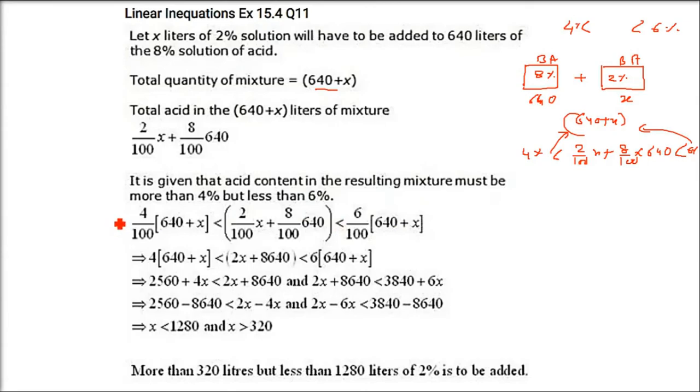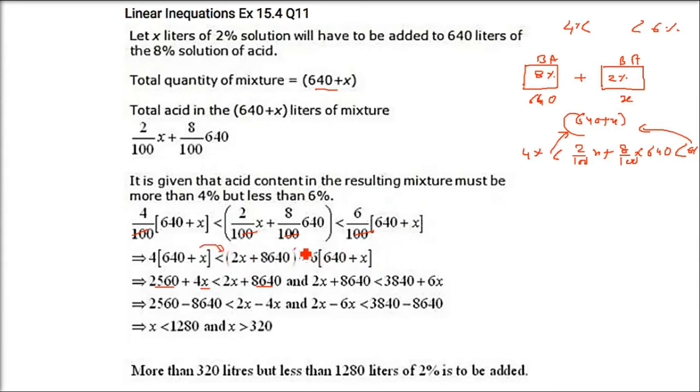So let us multiply everything on both sides by 100. All the 100s will be eliminated, and then you will get 4 into 640 is 2560, plus 4x, then 2x plus 8 into 640, and then you have 6 into 640, that is 3840, and then plus 6x.